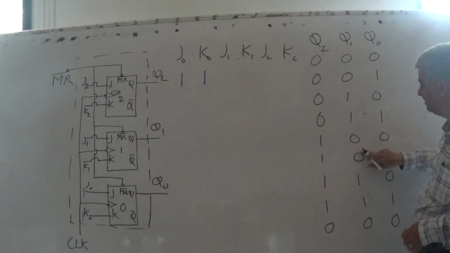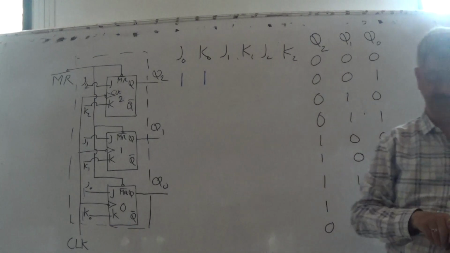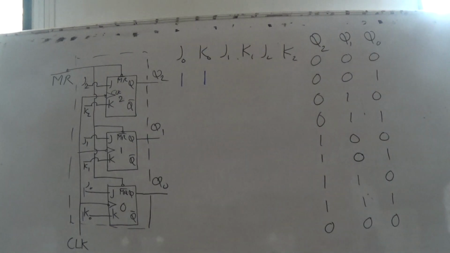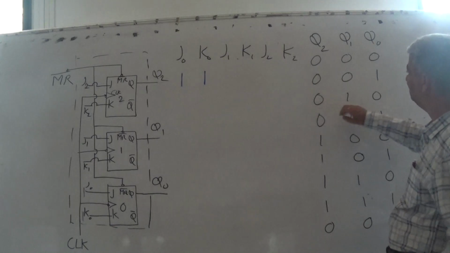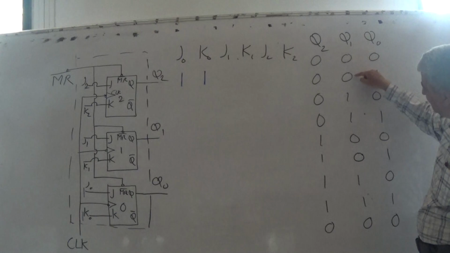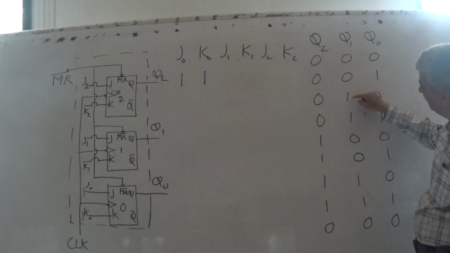So if I systematically observe, I find that Q1 is either toggling or maintaining the state in an alternating manner. Alternating: continuing, maintaining, inverting, continuing, toggling.